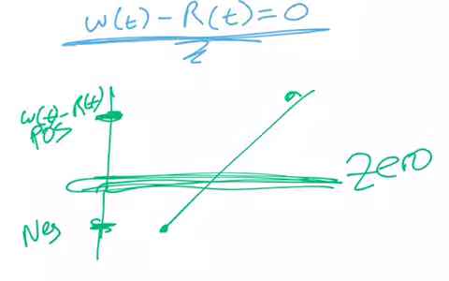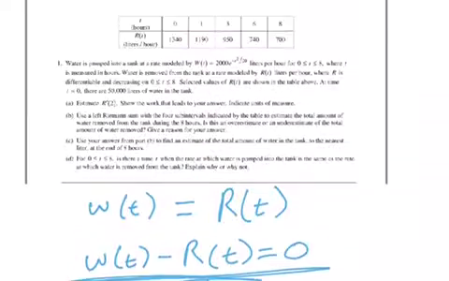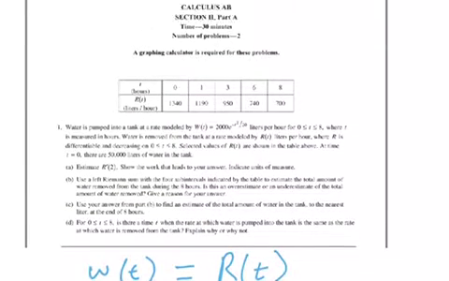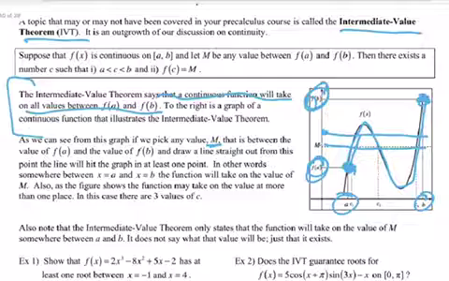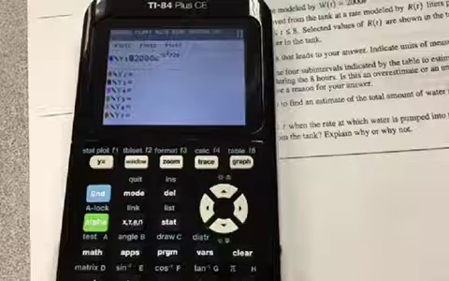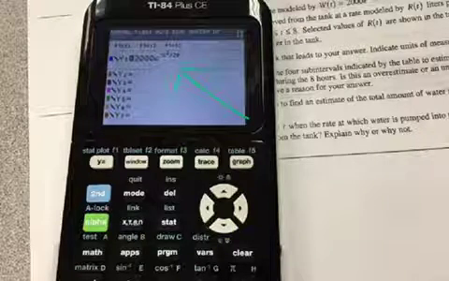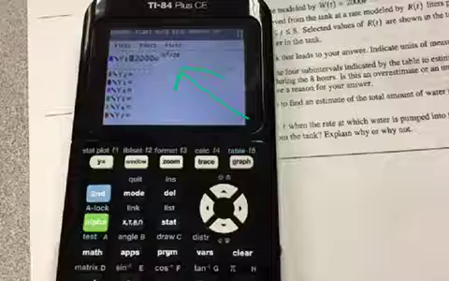So how are we going to do that? Well, let's think for a second here. We know from the initial equation, we have this equation right here for W of t, and we also have values for R of t. So what I think you should do is, since we get a calculator, type the value into y equals.